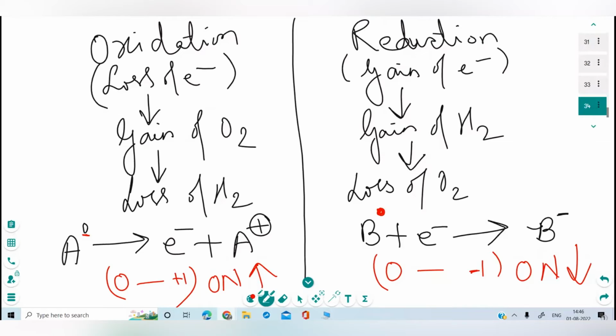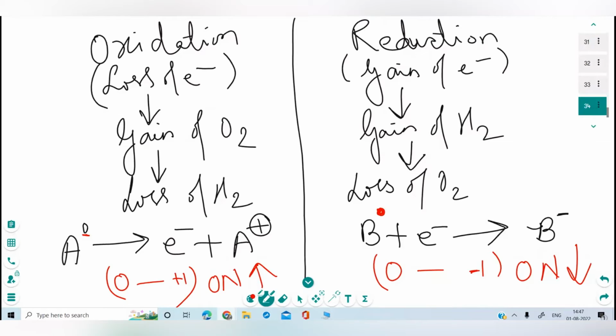Okay, I'm done. Shall I move now? So now you have understood how the oxidation number is increasing, decreasing, which reaction is called reduction, and which is called oxidation.